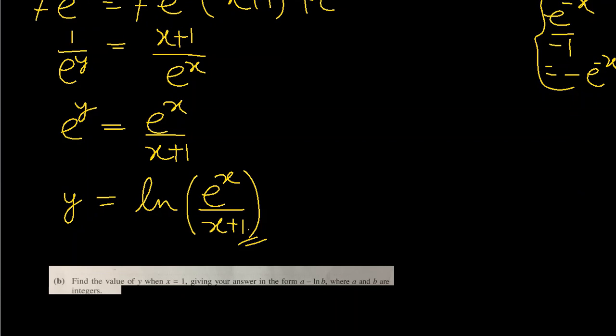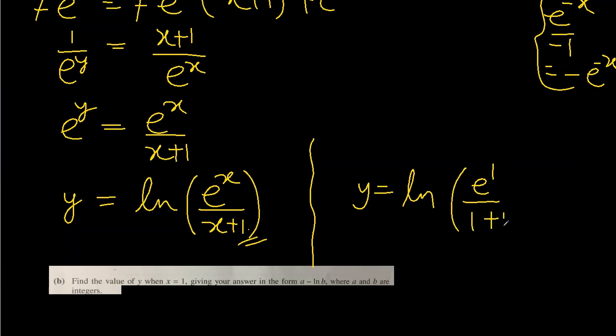All right. So let's write y equal to ln. Now x is 1, e to the power 1 over 1 plus 1. But the format has to be this way. So let's see, y equal to ln e over 2.